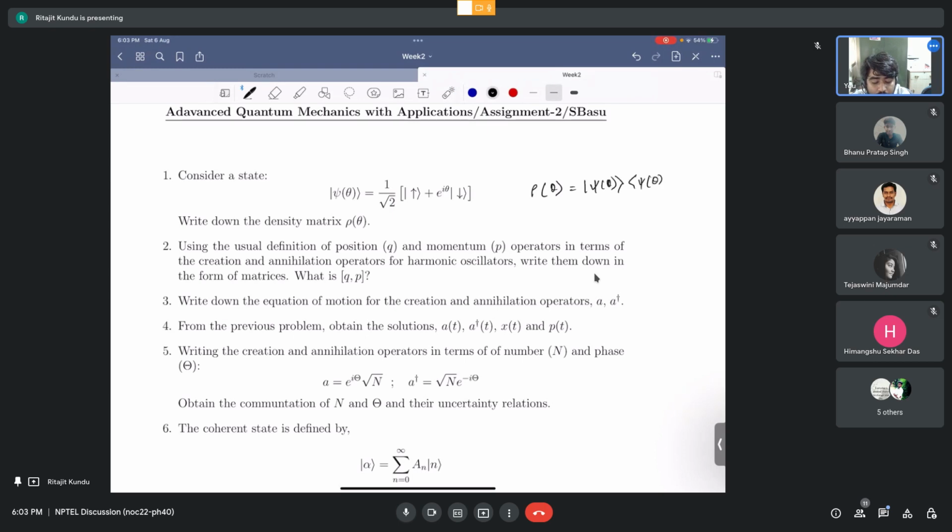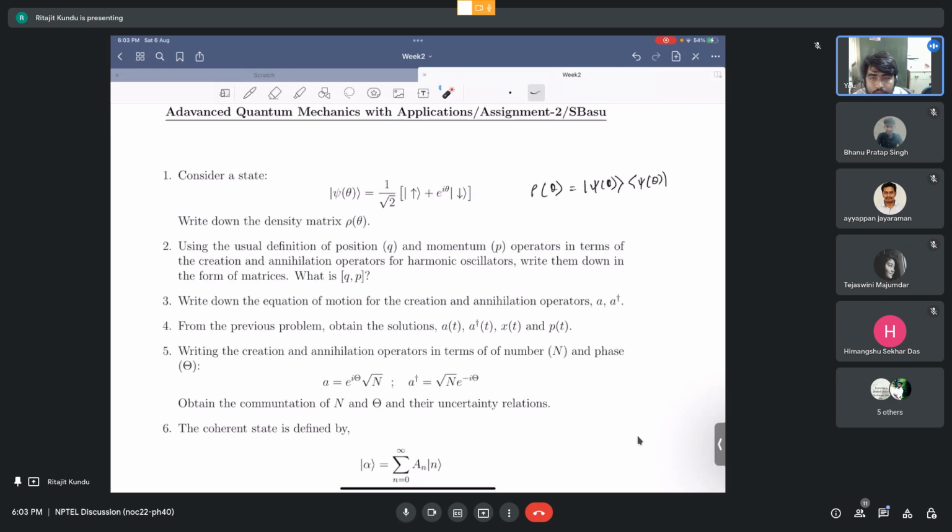So you can plug in this wave function psi theta, which is given in problem 1, and basically find this rho theta. Okay, so let me just check with everyone, is my audio clear, and is my screen visible to everyone?